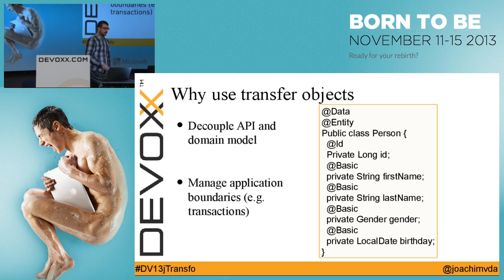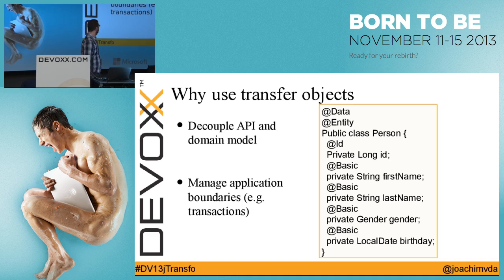Why would you use transfer objects? Basically, it allows you to decouple your API and your domain model. This can be practical, for example, in the case of Hibernate, and to make sure that you don't literally surface your domain model to the client, which can be very practical if at some point you want to change your domain model.